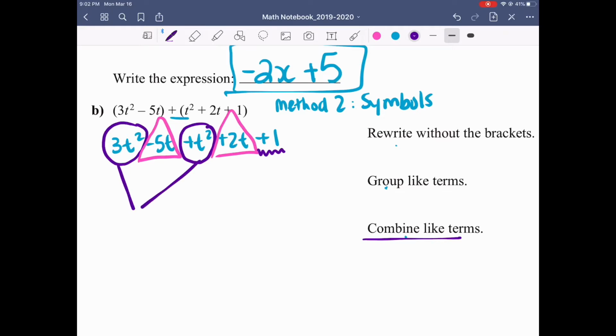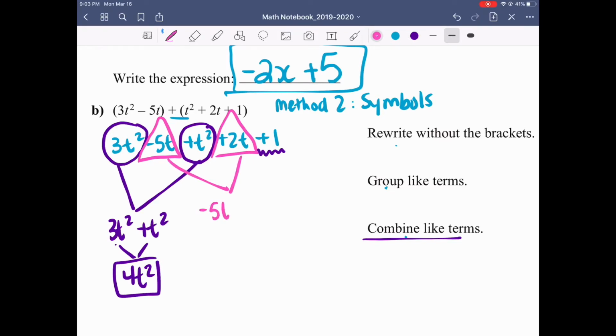So 3t squared plus t squared is 4t squared. Then if I do my t's, I have negative 5t plus 2t. So negative 5 plus 2 leaves us with negative 3t.